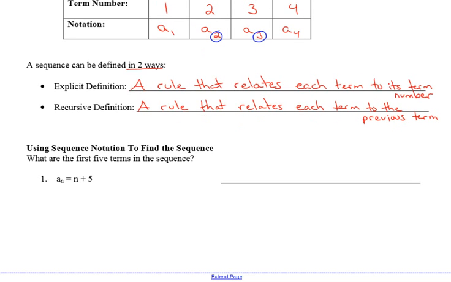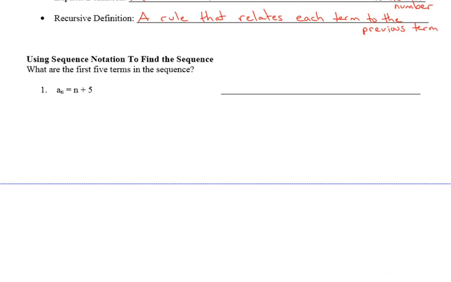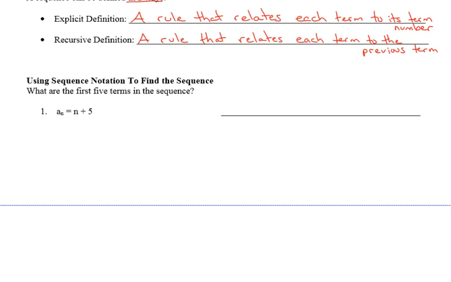What we're going to do is start off using sequence notation to find the sequence. So what happens if I don't give you the sequence and you have to create it? All right, we want to find the first 5 terms in the sequence, and what I've done is given you the rule. Since we want to find the first term, in other words, the first number in the sequence, I'm going to label that as A sub 1.